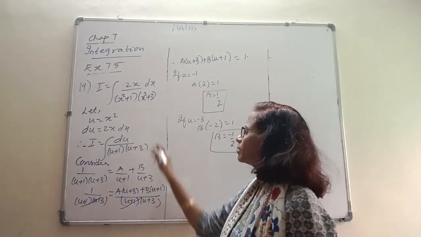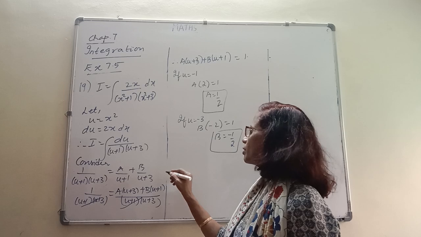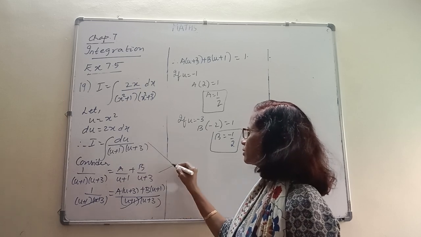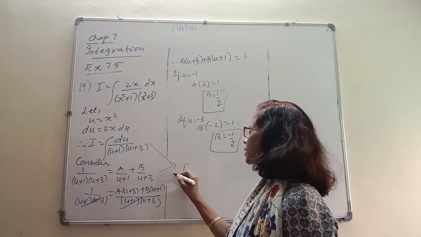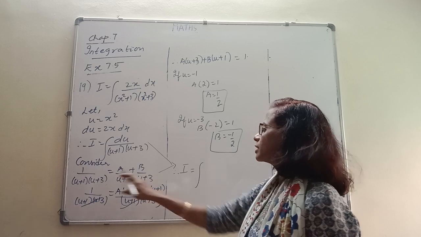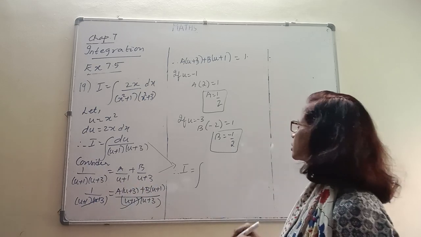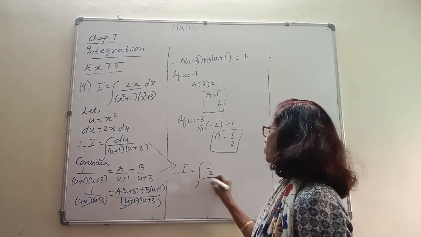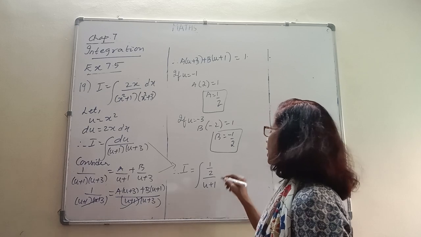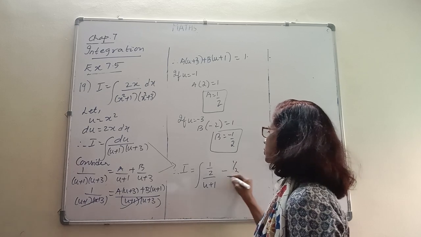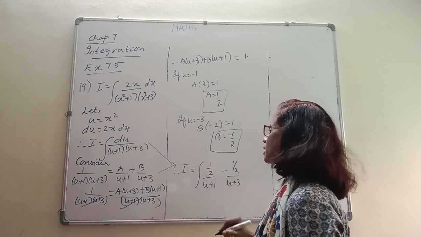So your I therefore becomes the integral of A, which is half over u plus 1, and negative half over u plus 3, du.